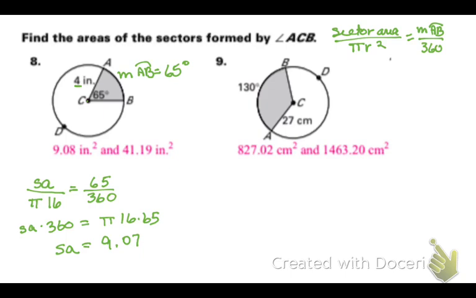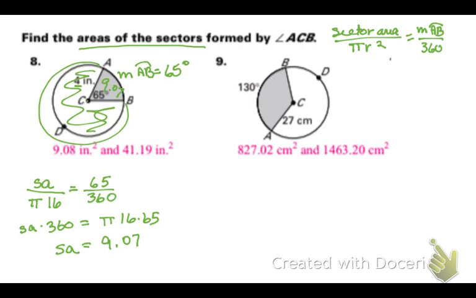So find the areas of the sectors. This is a little bit tricky. Now this is the area of this sector, 9.07. So how can we find the area of this whole part? Well, you could go through that whole routine and figure out the measure of this whole arc and then plug that into the equation, but there's a much easier way to do it.